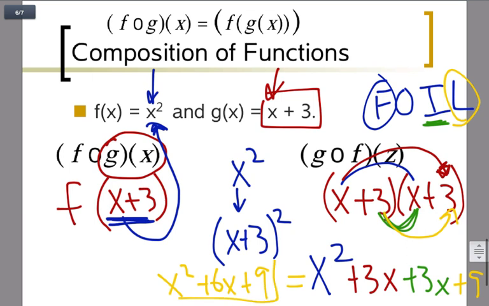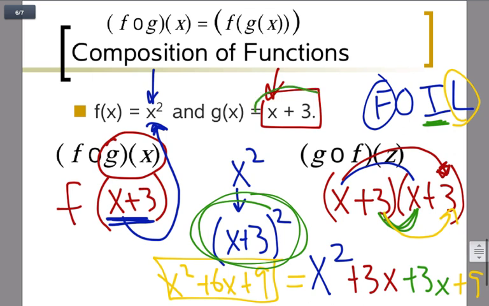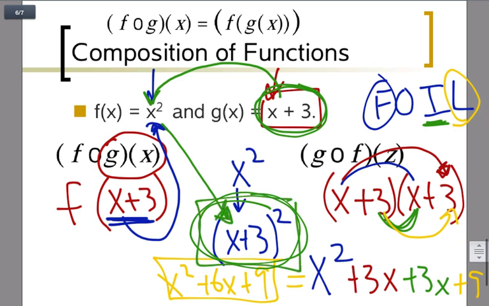Now again, the part that I really need you to be concerned with is this x plus 3 squared. Can you figure out how I got there? Where that came from was I plugged x into the g equation. That answer was x plus 3, so I take that whole answer and put it in for x, which gives me the x plus 3 squared. That's as far as I really need you to go, but I just wanted to work that out to show you the FOIL, just in case.